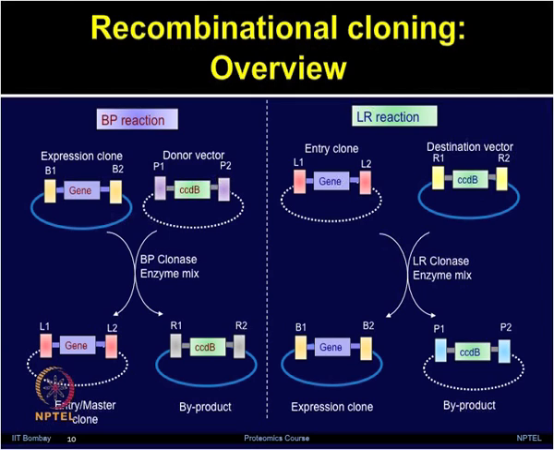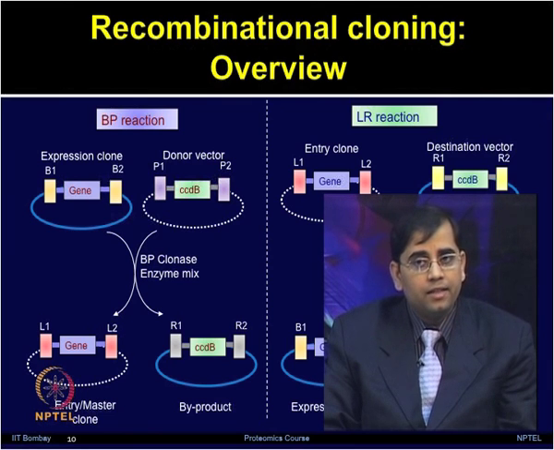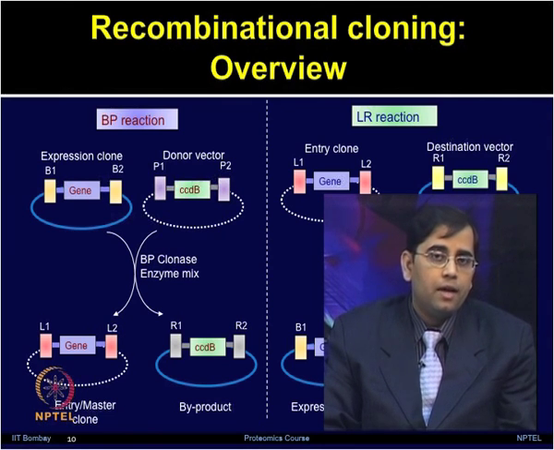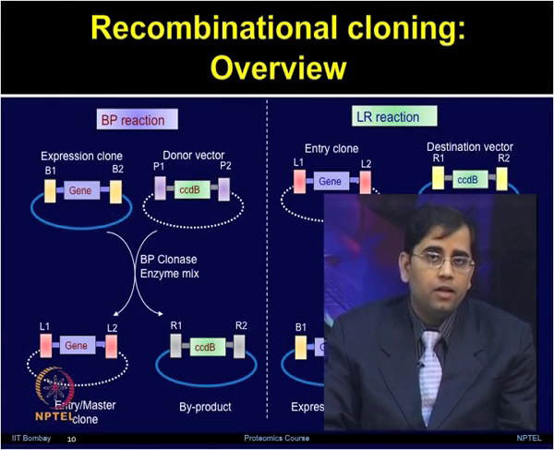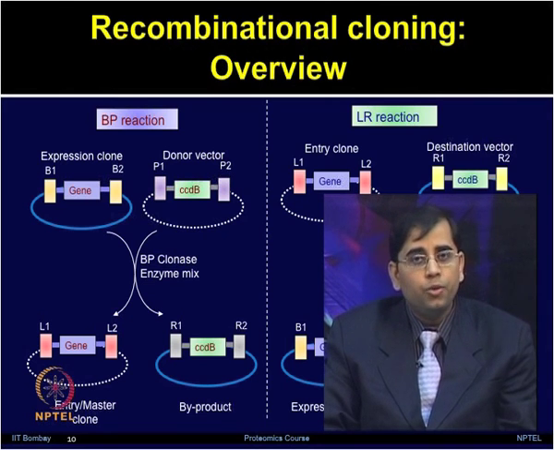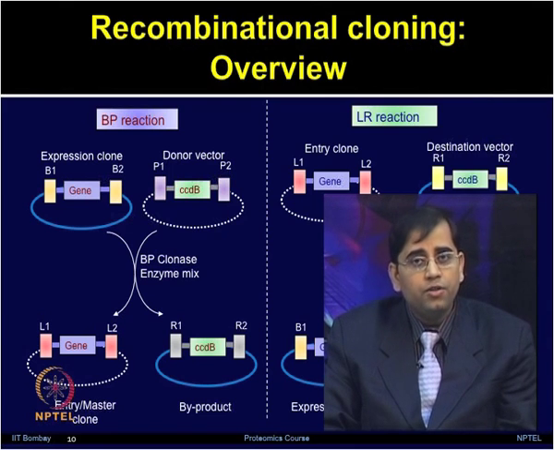So, now as an overview of this recombinational cloning reaction, there are two steps involved, the BP reaction and the LR reaction. The recombinational cloning technology facilitates protein expression and cloning of PCR products by using site-specific recombination enzymes rather than the restriction endonucleases and ligases which are used in conventional cloning.